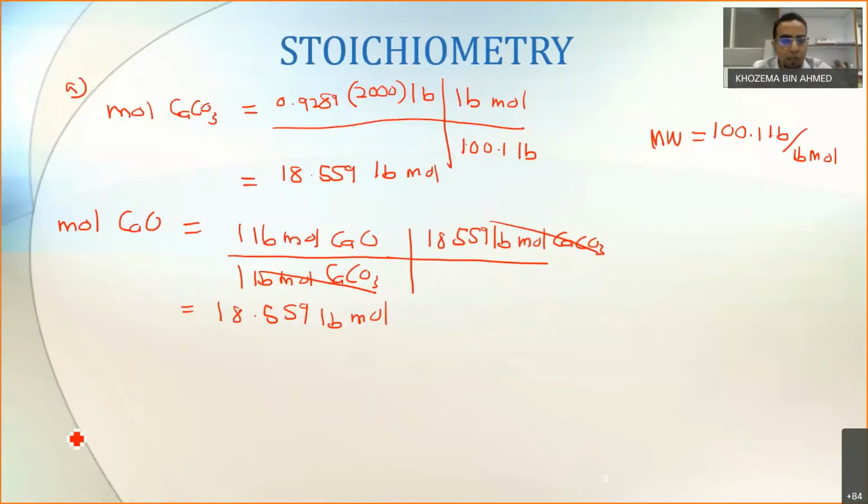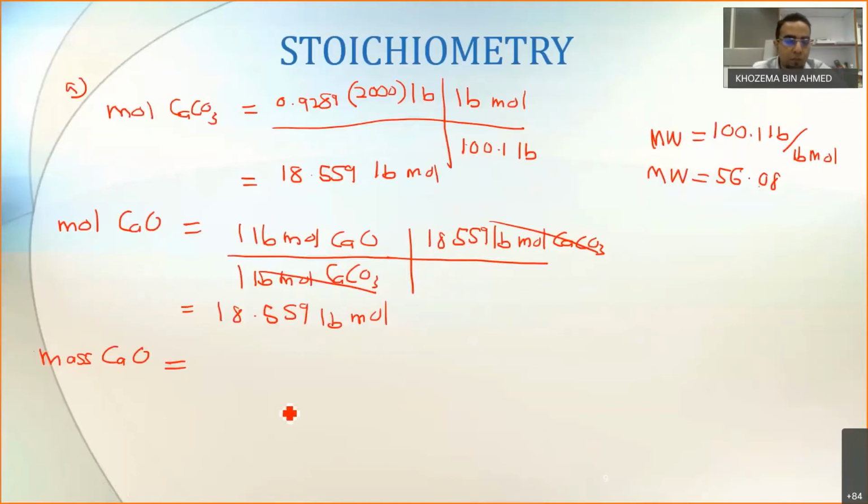Now that I know the mole, I can find the mass of calcium oxide. In order for me to find the mass of calcium oxide, again I have to know the molecular weight of calcium oxide, 56.08, and the unit is still pound per pound mole.